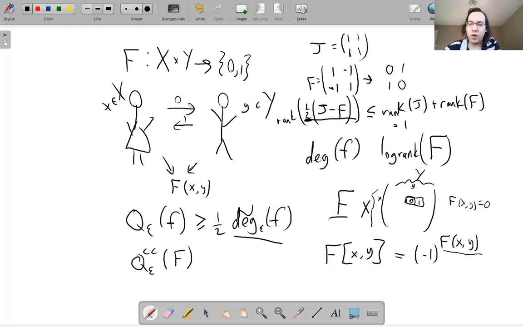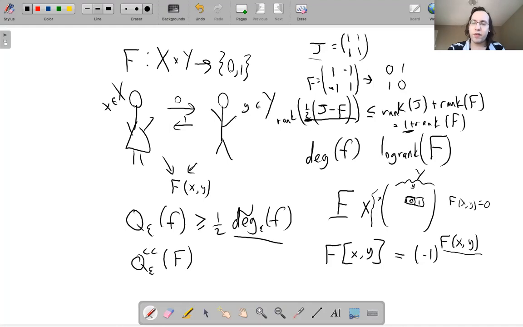So this is equal to 1 plus rank of F. So any of these transformations only changes the rank by up to a +1, where the +1 comes from the fact that J has rank 1. So the rank of a matrix is well defined up to a +1, depending on how you represent the output alphabet.